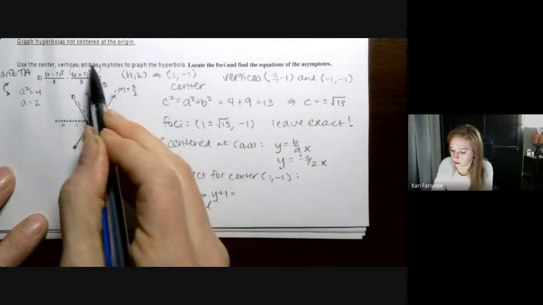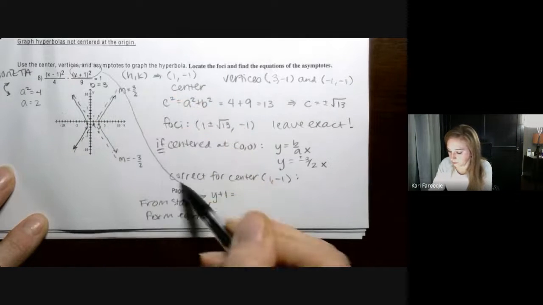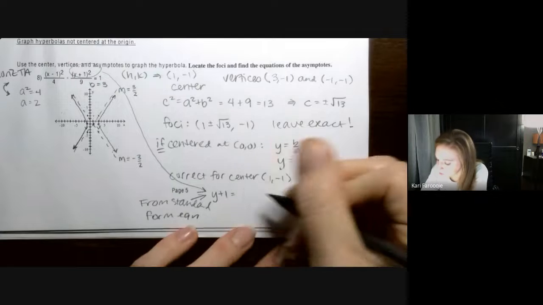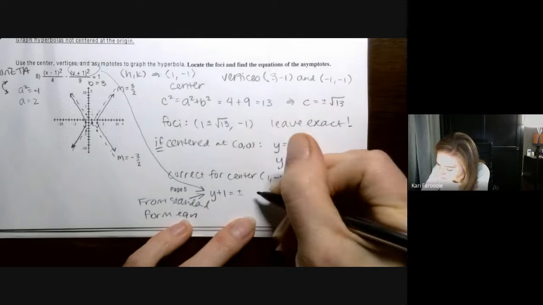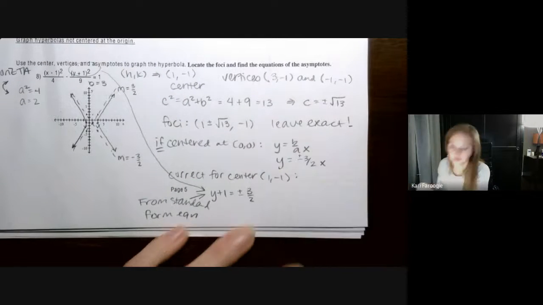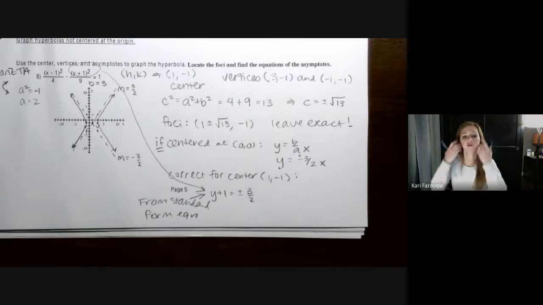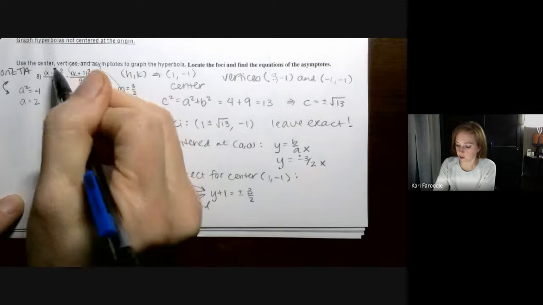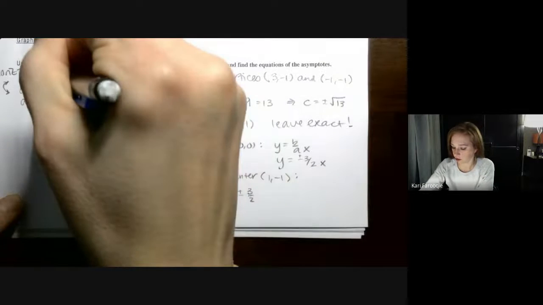From right here. So instead of using y, we'll use y plus 1. And then we'll keep the plus or minus b over a. So we'll have plus or minus 3/2. And then instead of using x, we're going to use x minus 1 just to correct for the center.